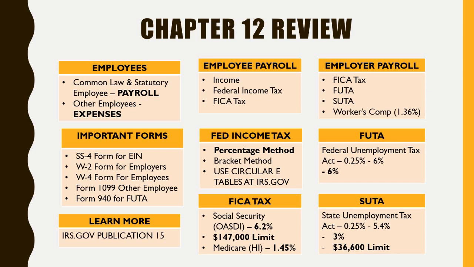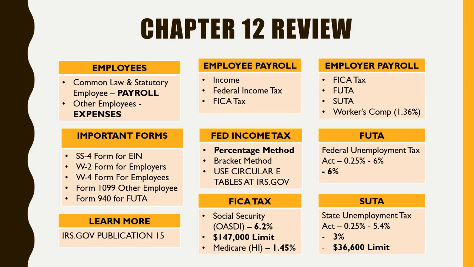And we talked about the Federal Insurance Contributions Act, which is Social Security and Medicare: 6.2% for Social Security and 1.45% for Medicare. Social Security has a max cap of $147,000 that an individual can claim up to, and that limit is as of 2022. And for Medicare, there's no cap.